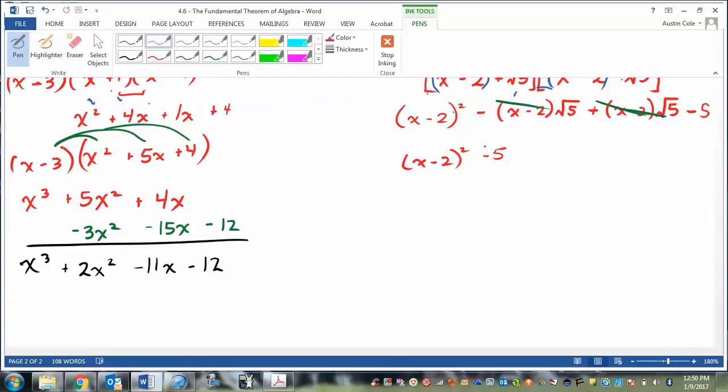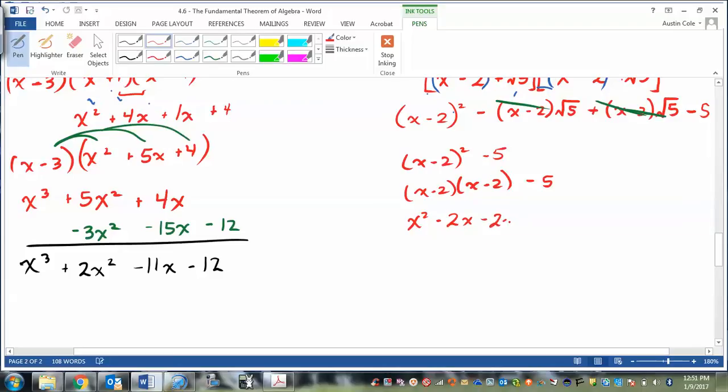Okay? Now, I'm going to expand x minus 2 out. So I'm going to take x minus 2 times x minus 2, and I'm left with minus 5 at the end. So here we go. I'm going to FOIL again. X times x is x squared. X times negative 2 is negative 2x. Negative 2 times x is negative 2x.